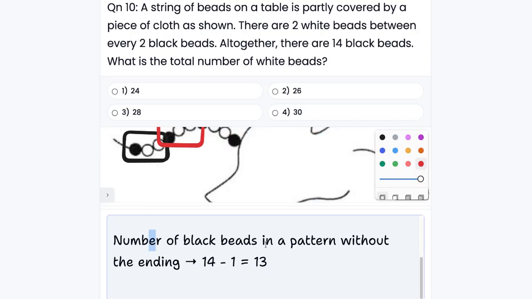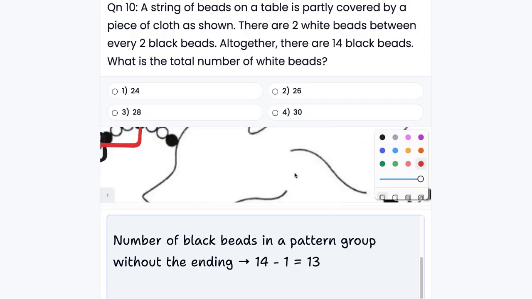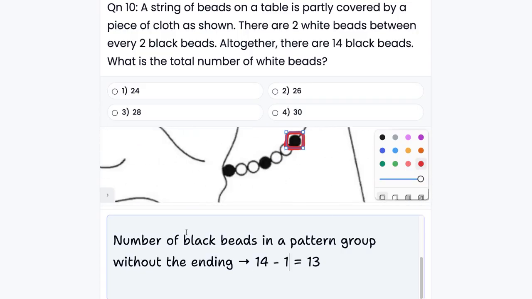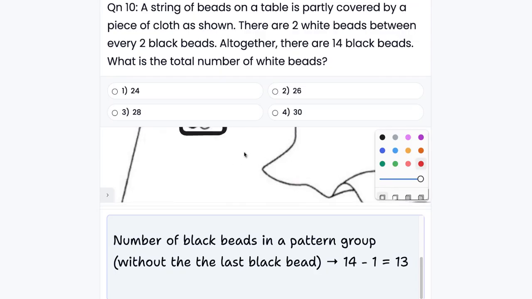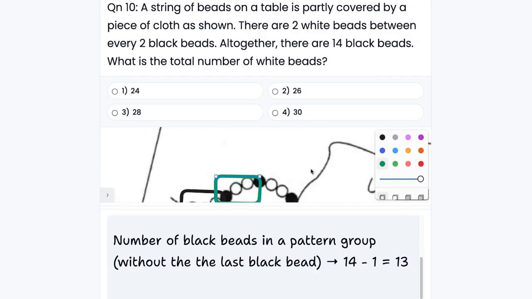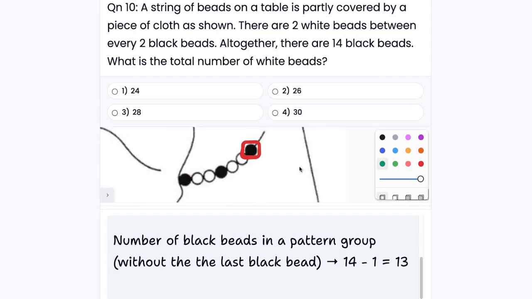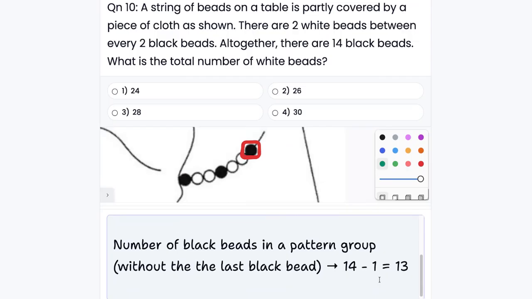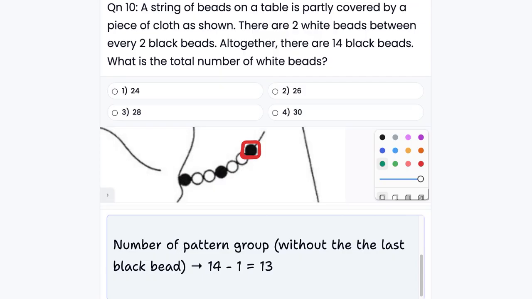The number of black beads in a pattern group without the ending is this. Let me put this in another color, in green. Without the last black bead, we have 13 pattern groups.